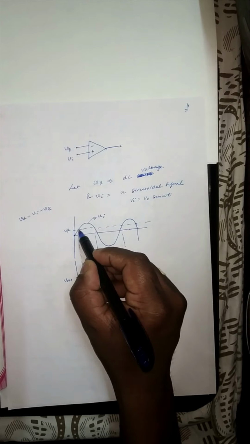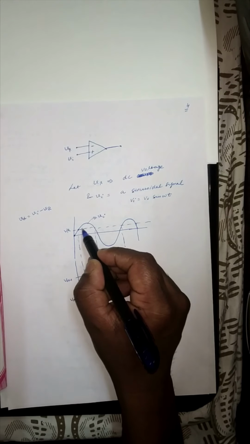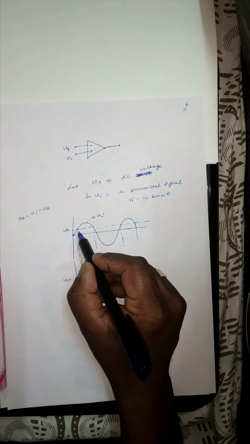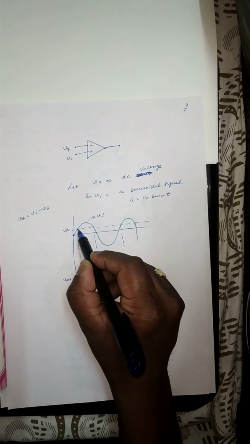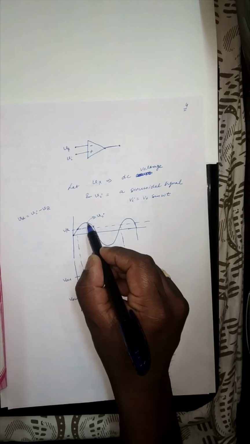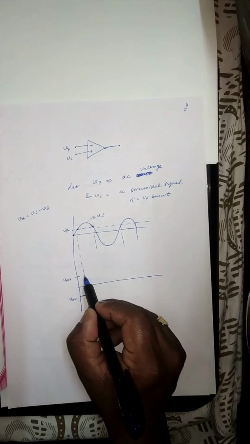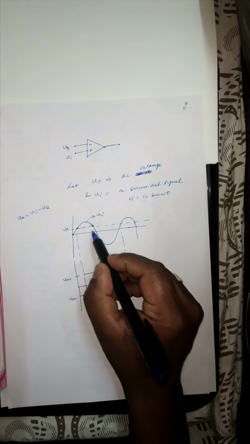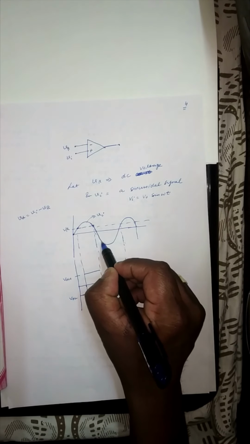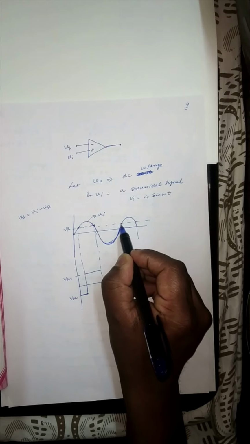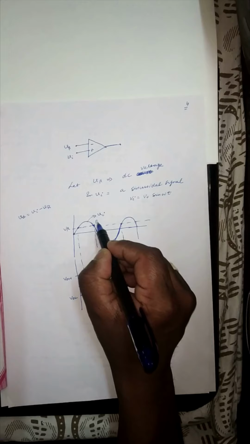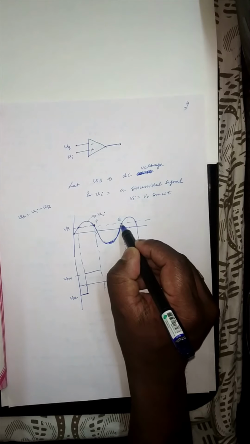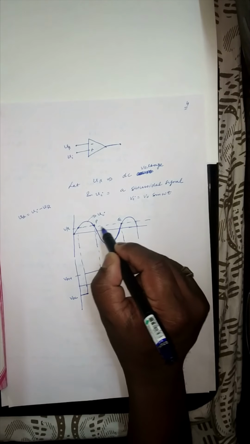From this point to this point, your VI is less than VR. It means that your output voltage will be equal to VOL. And from here to this point, the value of VI is greater than VR. So we will get the output positive voltage. Clear? Now suppose this is point P and this is point Q. From point P to the point Q, the value of VI is less than VR.